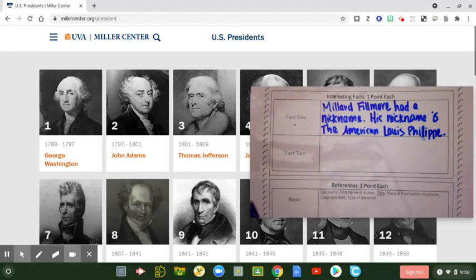All right, in the back of the blue book and in the back of the other book, there is a timeline. You might find something interesting on the timeline about your president also. So I'm going to show you the timeline. Oh, it's in the beginning of the one book, in the back of the other book.